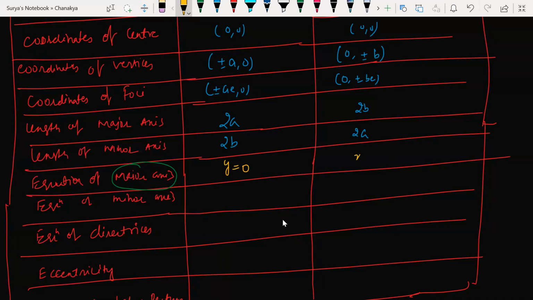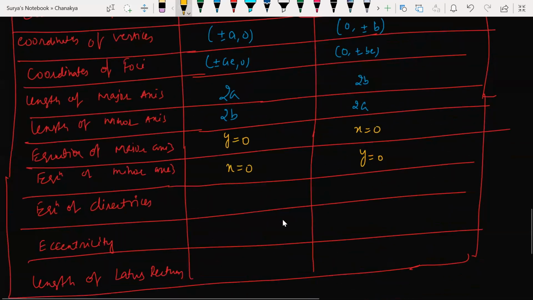What is the equation of the minor axis of the horizontal ellipse? This is the minor axis, x equals 0. What is the equation of the minor axis of the vertical ellipse? Here it is y equals 0, and this will be the major.